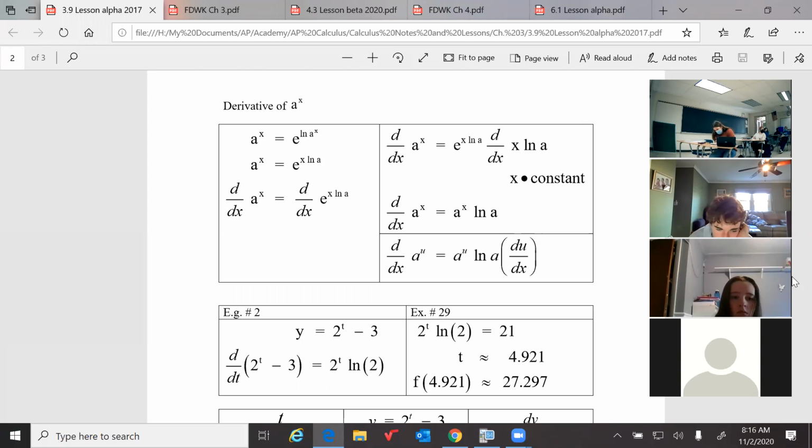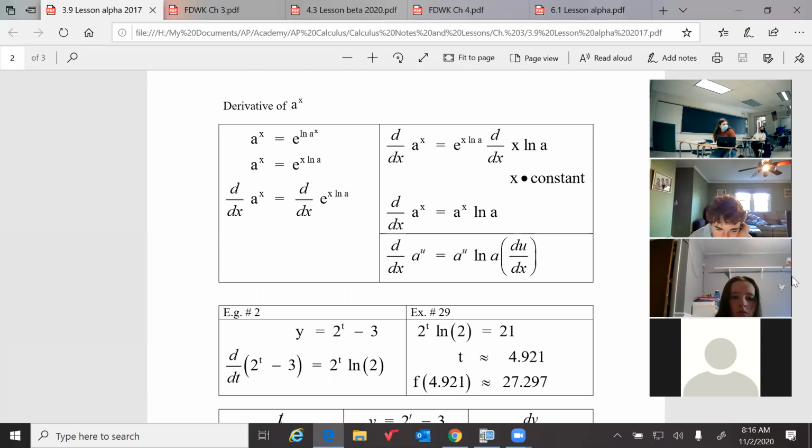You have e raised to the ln of a to the x. We're going to set that equal to k. I want to find out what k equals. We take the natural log of both sides. The natural log of the left side is telling me what exponent do I raise e to give me k.